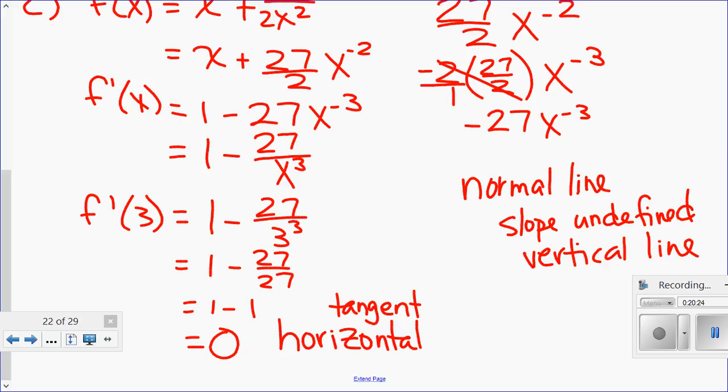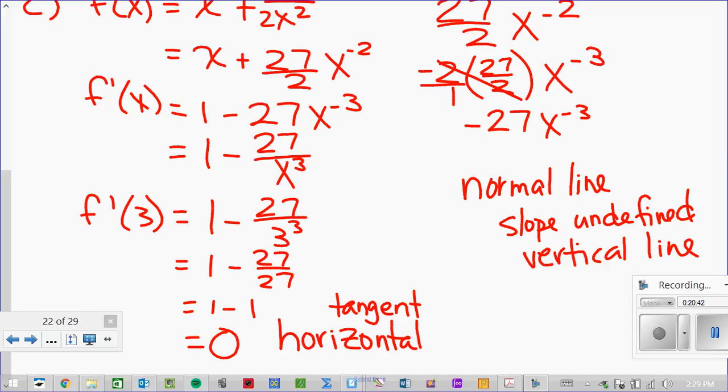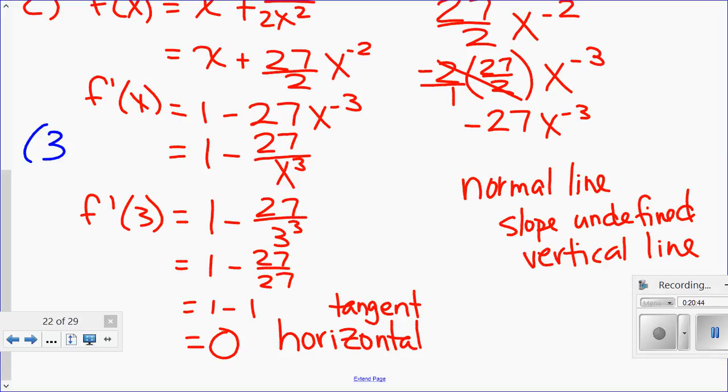What? Well, it's slope of zero. Every horizontal line is slope of zero. Okay, the slope is zero. So what's the equation of this line? Okay, so the point we were given was x equals 3.